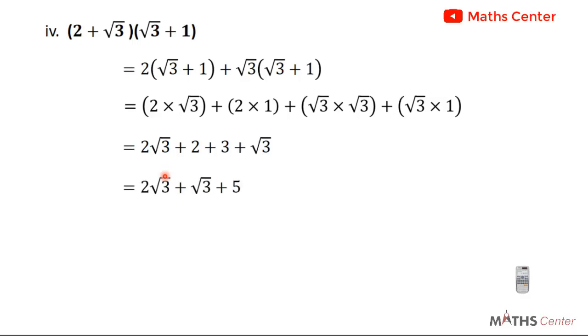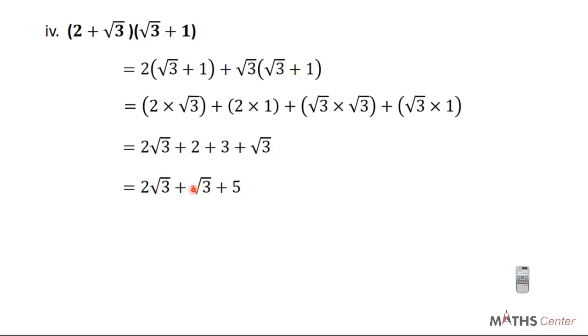So we group the numbers at one side, then we group the surds at another side. So this is a surd, this is also a surd. We group them, then we group the numbers. 2 plus 3 will give us 5. So we have 2 root 3 plus root 3, plus 5. So we add 2 root 3 to root 3.